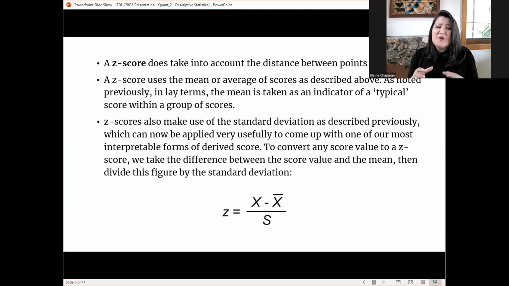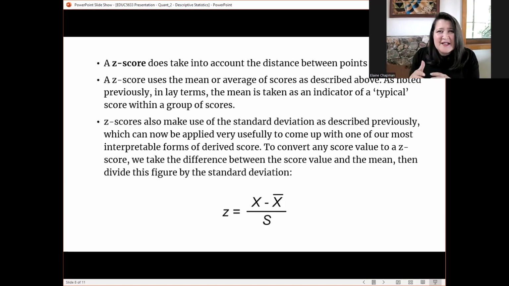So why do we want to convert to standard deviation units? Because we have an indication of a typical score, and we have an average degree to which scores in our set differed from that so-called typical score. If we now express the relative standing of any given raw score in terms of standard deviation units, we can then see: did the score fall above or below the mean, that is, is it negative or positive?